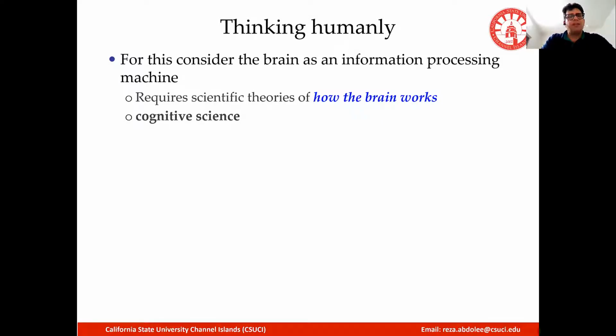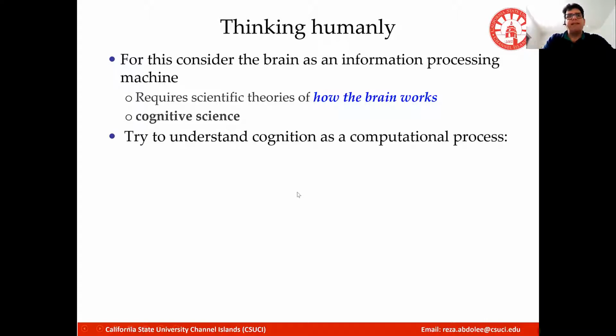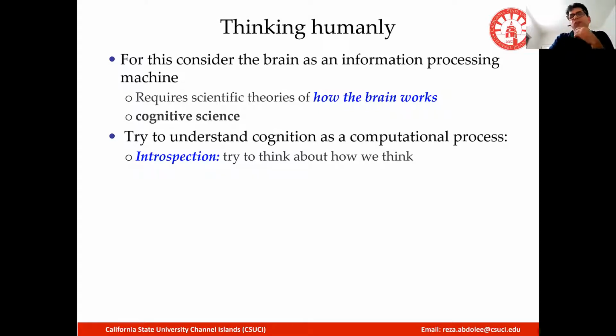You will need to know the scientific theories of how the brain works. So you need cognitive science, and then try to understand cognition as a computational process. You need to have introspection, meaning that you try to think about how humans think.